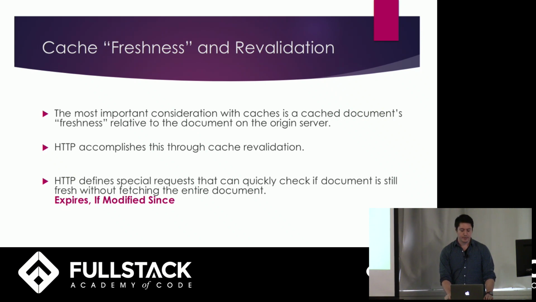Sometimes there are headers on the request message that are explicit about when a resource is going to expire, but if that doesn't exist, then HTTP can just algorithmically determine whether it's a fresh document.